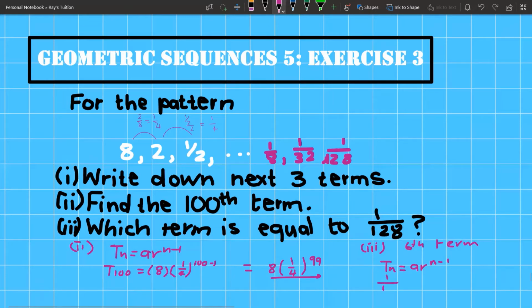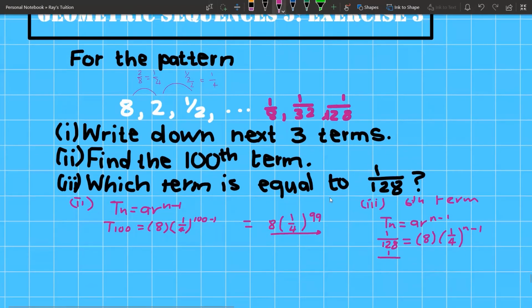So we put the term in, and then we put in A, and we put in our common ratio, and then we write that to the power of n minus 1. Then we divide both sides by 8, and we get 1 over 1024 is equal to a quarter to the power of n minus 1.